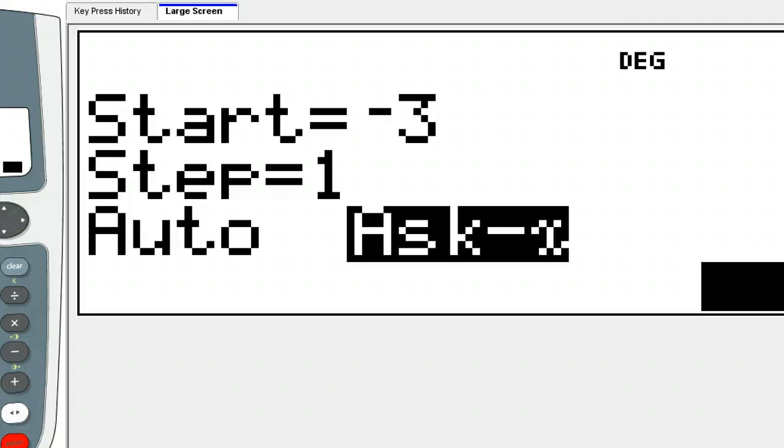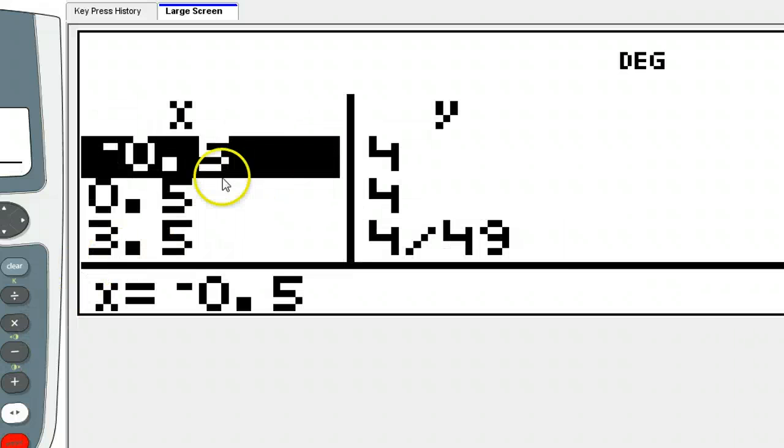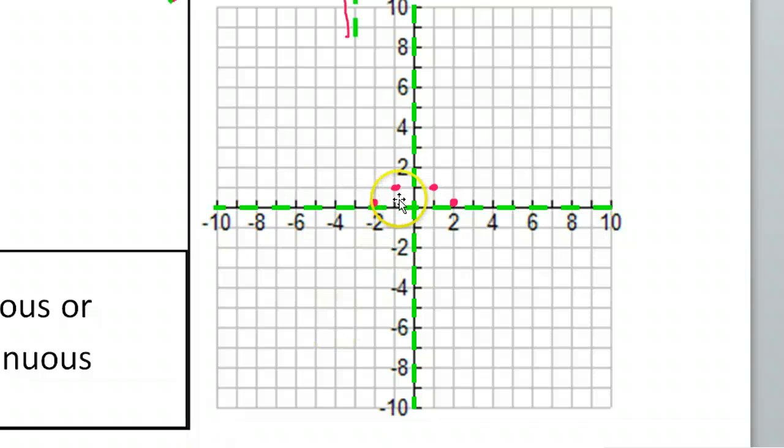So if I do ask mode, oh look, -0.5 and +0.5, they're already in there, but you can type in whatever you want. At -0.5 and +0.5, I'm at 4. Okay, so let's graph that. So at -0.5, I'm at 4, and at +0.5, I'm at 4.